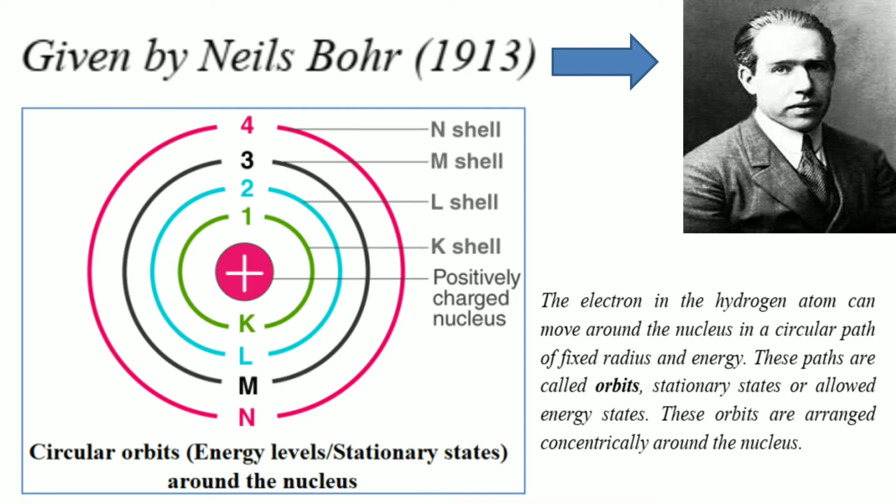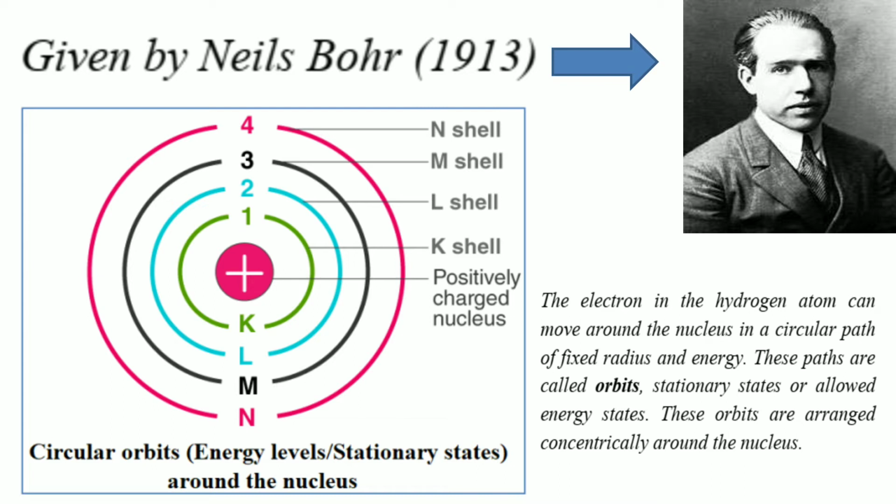The second orbit is the L shell, represented by the blue color. The M shell is represented by black color and its position from the nucleus is third, and at the fourth position it is shown by the pink color, that is the N shell, and its number is 4.